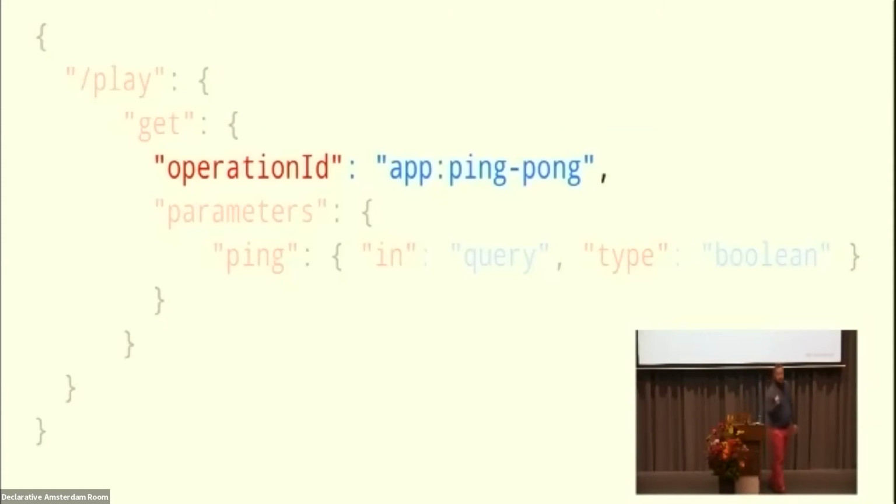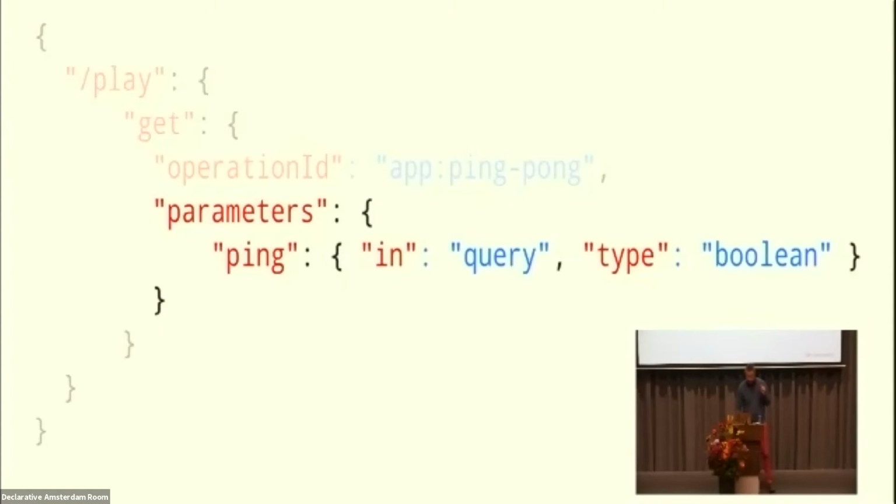Call the function app ping pong. It expects only one parameter, ping. And this parameter is in the query, so it's after the question mark. And it's of type Boolean.